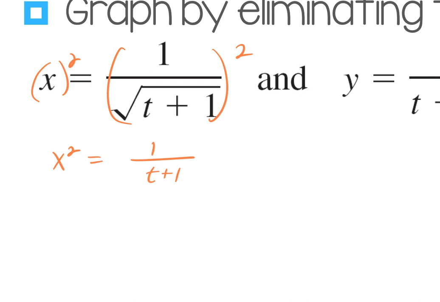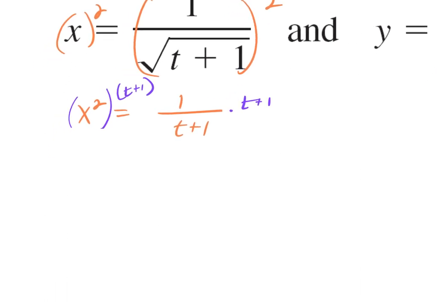Now I still have to get it out of the denominator, so I'm going to multiply by t plus 1. And I'd get x squared times (t plus 1), but I don't want to distribute that because I'm just going to have to take it out again to get the t by itself.